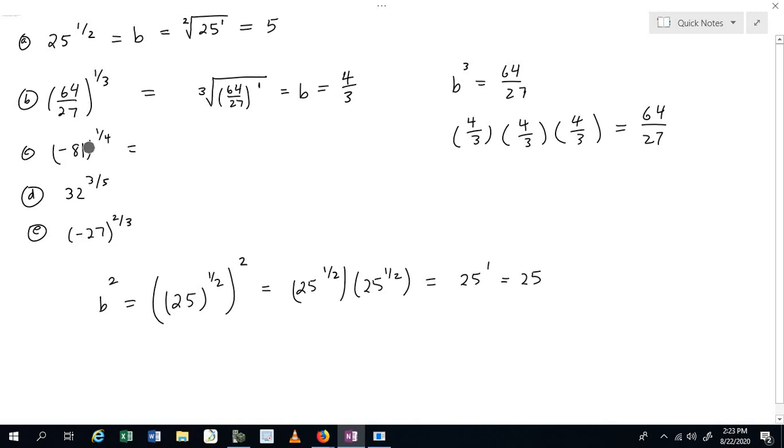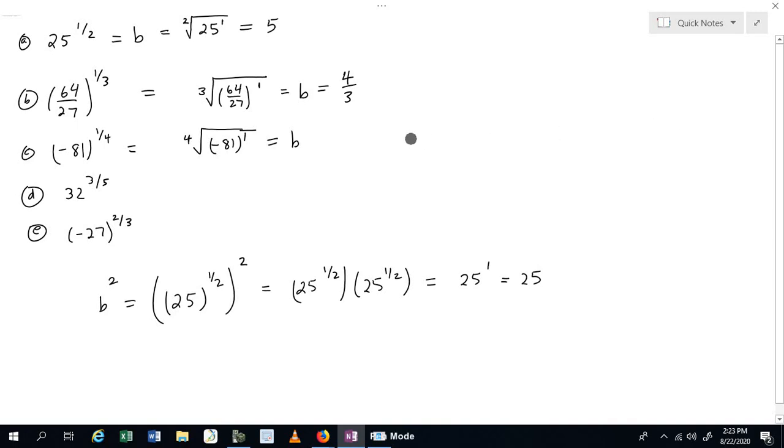Okay, so let's try this one. This means take the 4th root of negative 81 raised to the first power. Let's call this b and see if we can figure out what that is. So this means we're looking for a number that we can multiply by itself 4 times and have it equal negative 81.